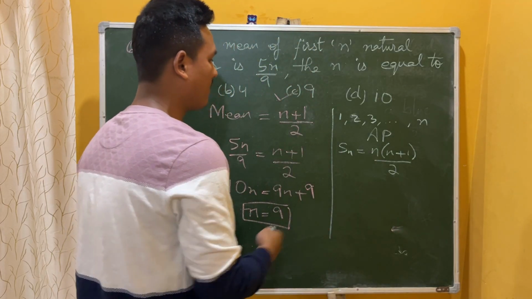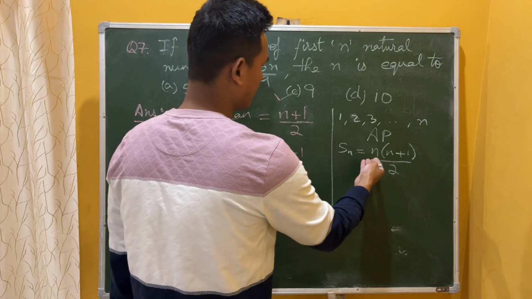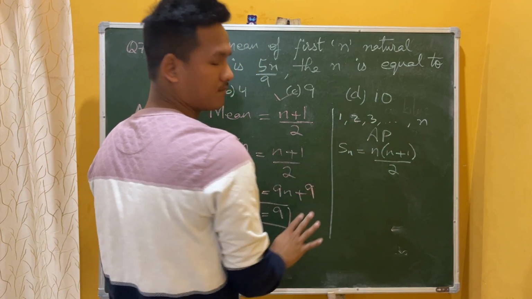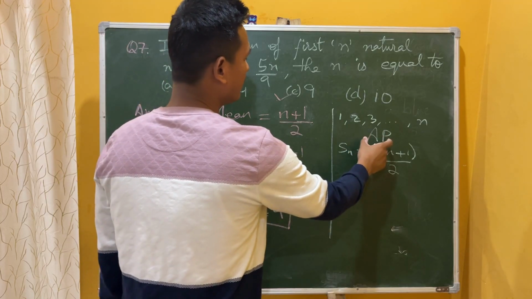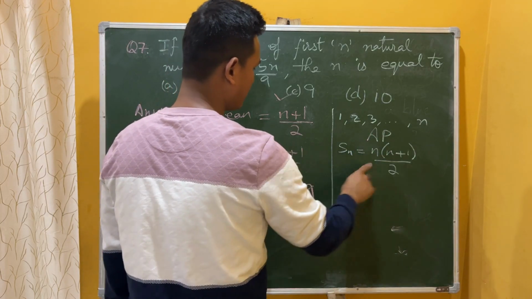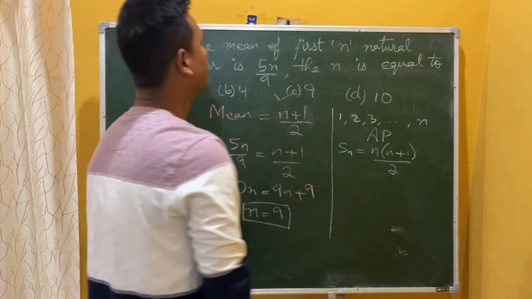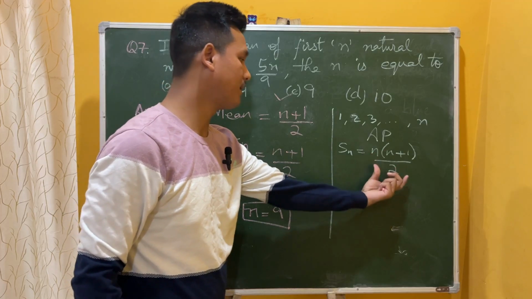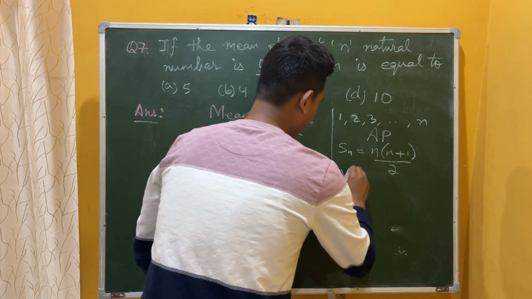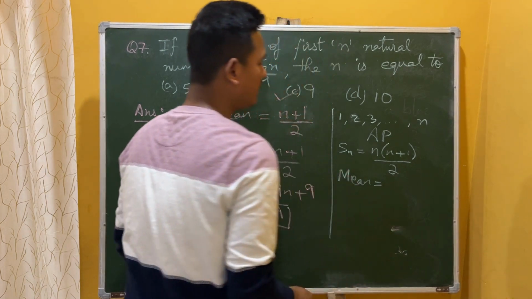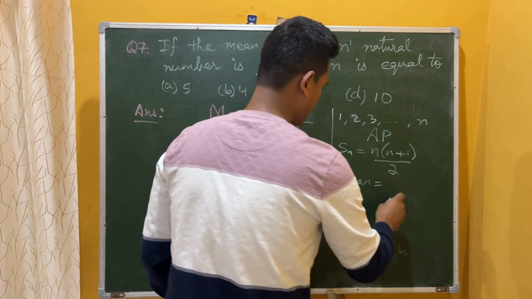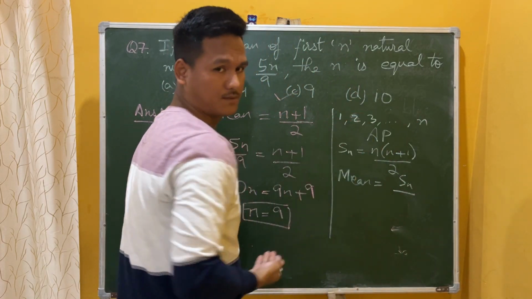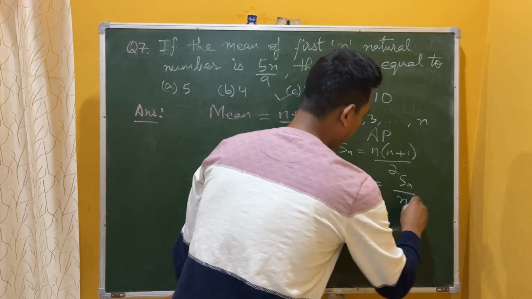By using the formula for finding sum of an AP, a sequence which is in arithmetic progression, you'll get the sum of first n natural numbers is given by n times n plus 1 by 2. So how do you find mean? Mean means average. So mean means sum of these terms divided by number of terms, right? So number of terms are n.